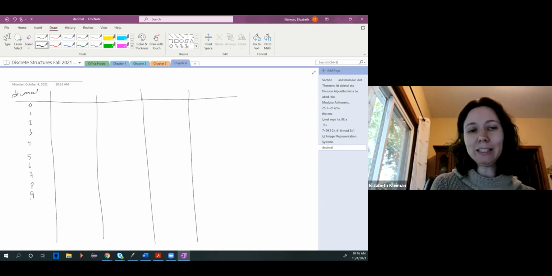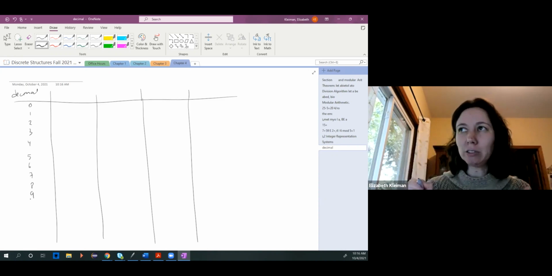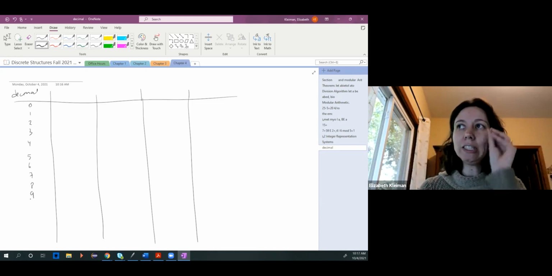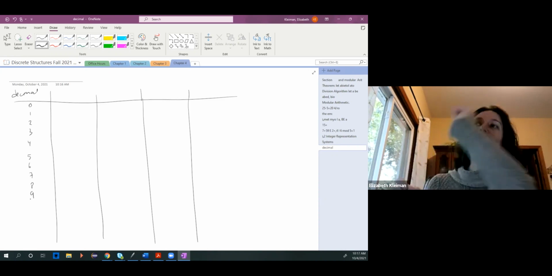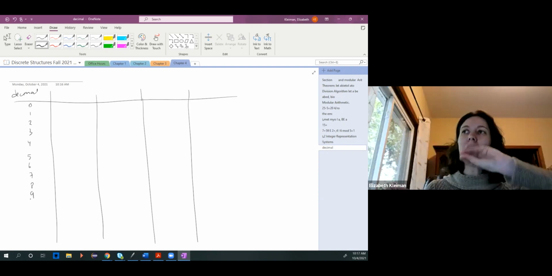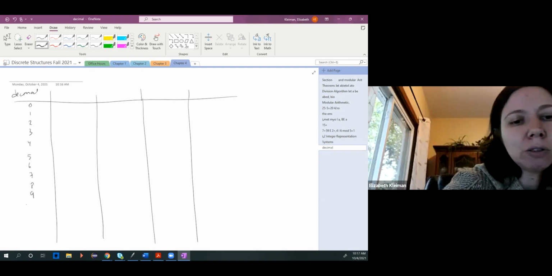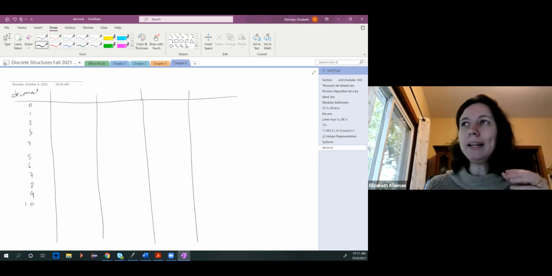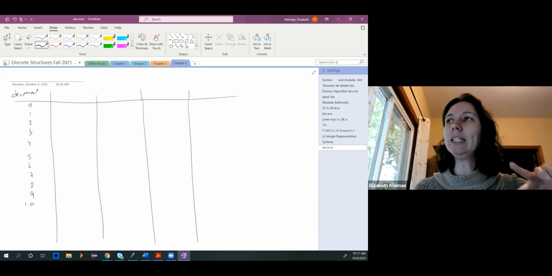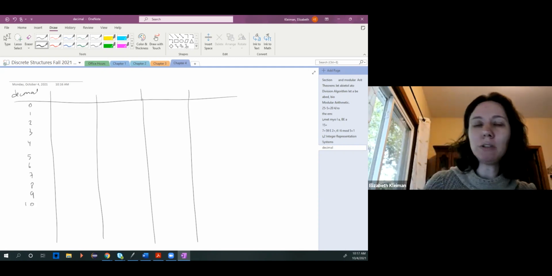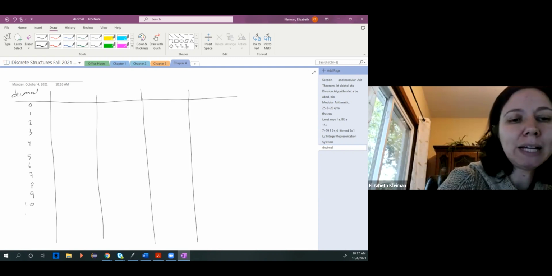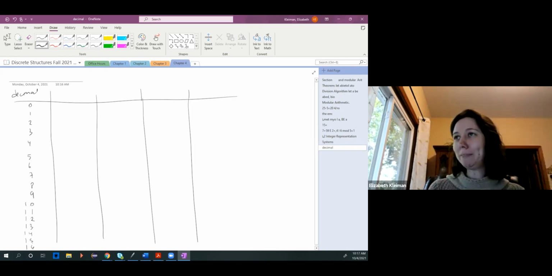After 9, I ran out of digits, correct? So what I need to do is open up a next place, so I add another number to the left of it. And I'm going to write 10. Really, if you think about it, I'm iterating all of my digits because now I'm going to increment the right digit by 1, correct? And keep on going. Agreed?